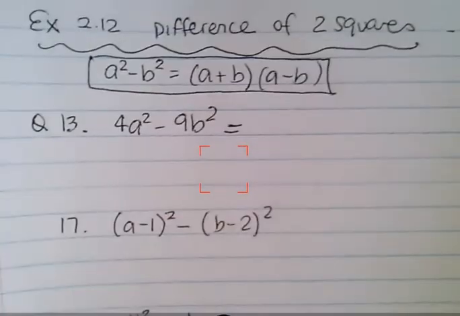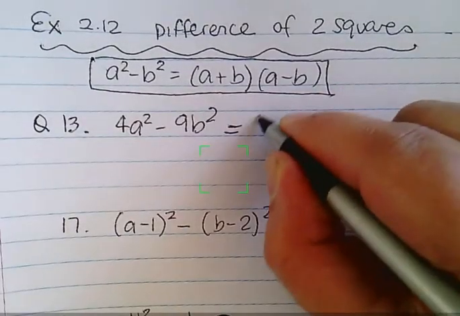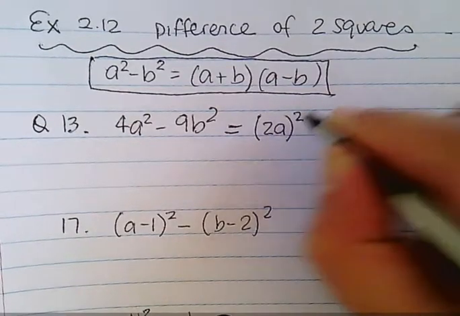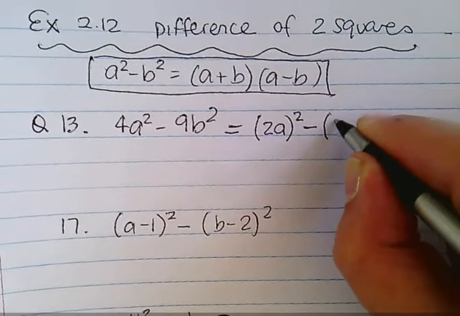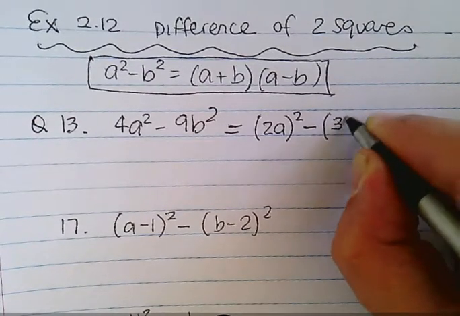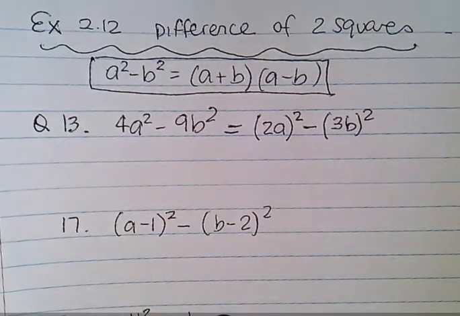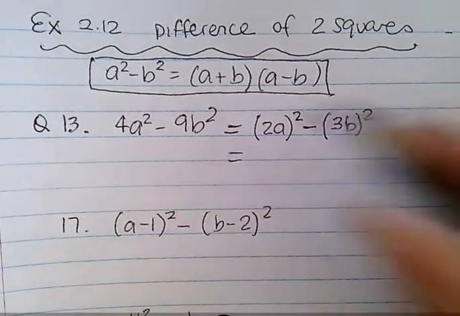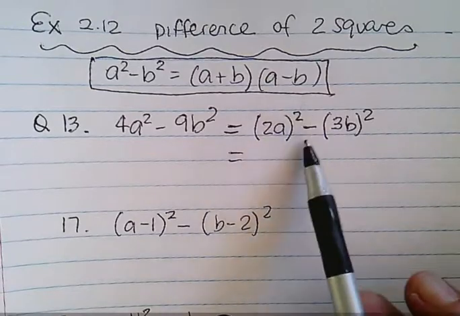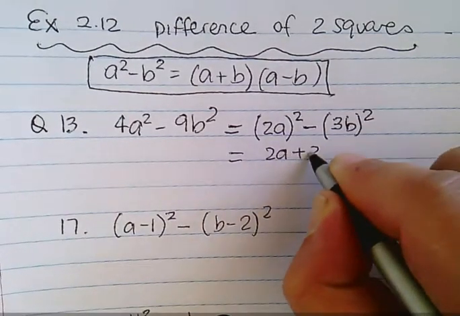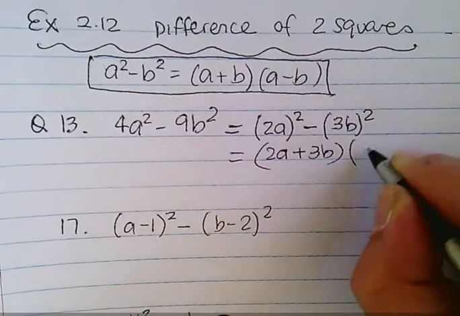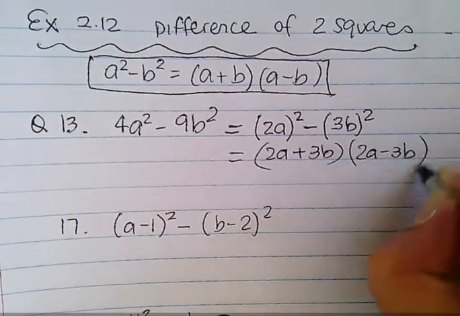4a squared minus 9b squared. They're both square terms, but to minimise errors, you should really write it as (2a) all squared minus (3b) all squared. It is much better to do that, otherwise you might make a mistake. Then you clearly have your a squared minus b squared is (a plus b)(a minus b).